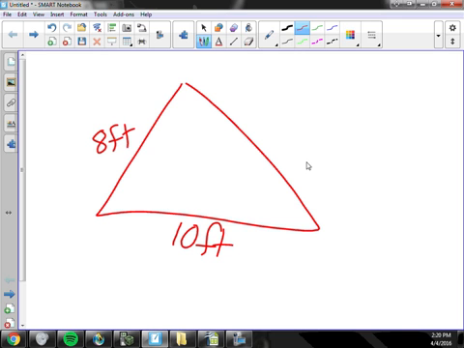Well, let's think about it. If it's a right triangle, and I know where the right angle is, I could do a squared, b squared, c squared, but is this a right triangle? No. So that won't work. Why does this not work?